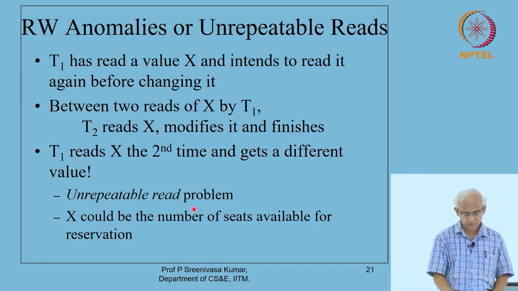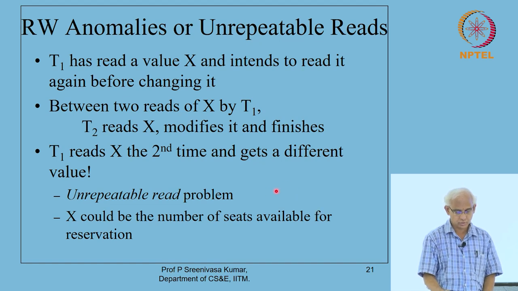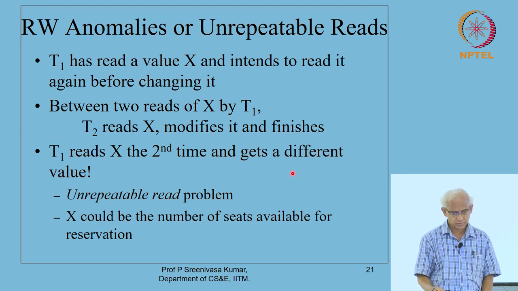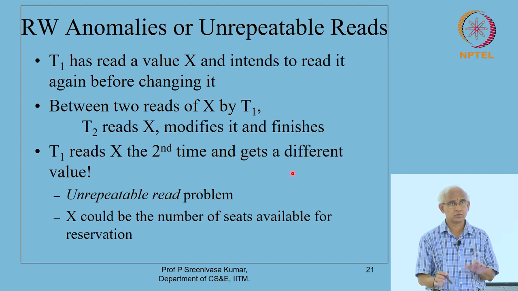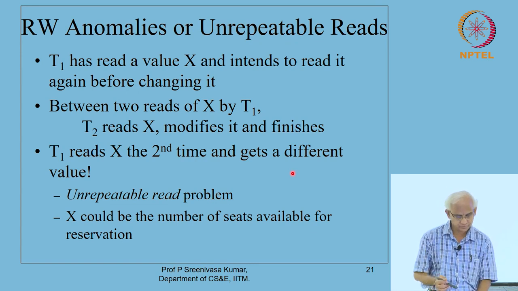This is what is called the unrepeatable read problem, and it causes a lot of issues, so we should try to avoid these situations. All this is happening because two transactions are trying to access the same database item in some order or the other.